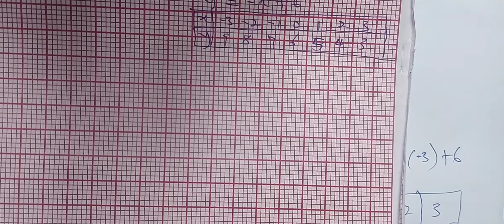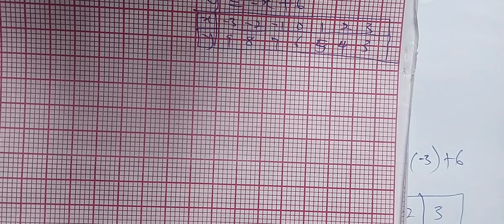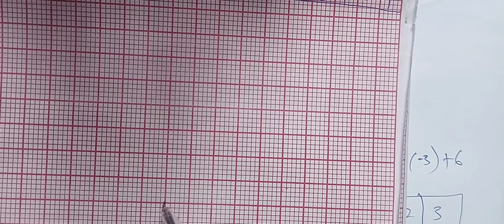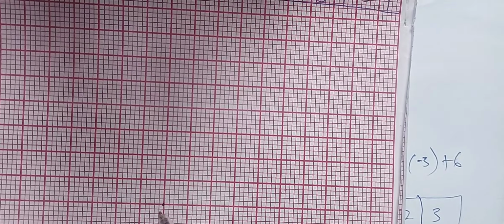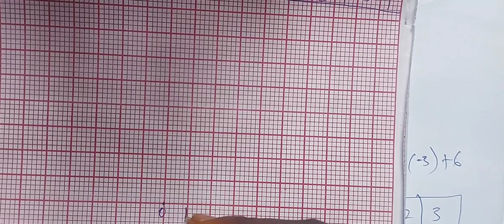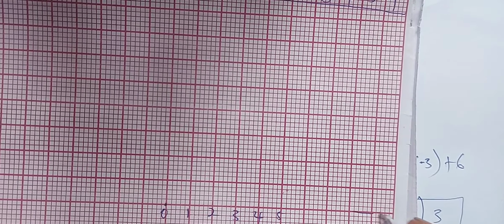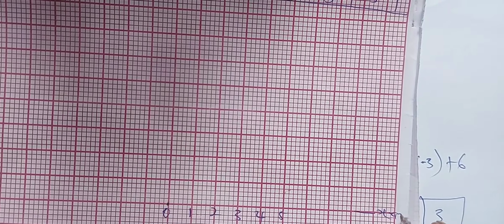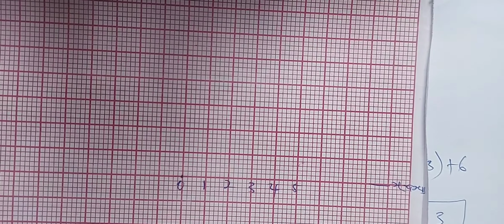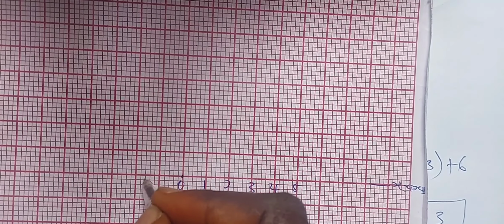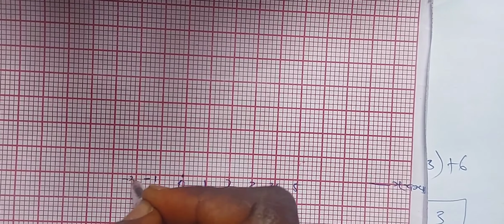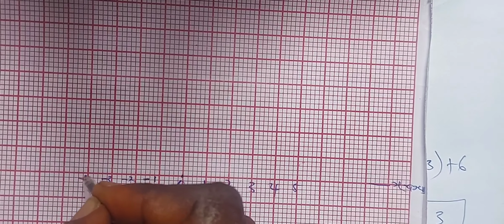So from here now, let me use this place as my origin, the center. So I can say this is 0. To the right side is positive. We have 1, 2, 3, 4, and 5. This is my x-axis. On this side is the negative side: minus 1, minus 2, like that.